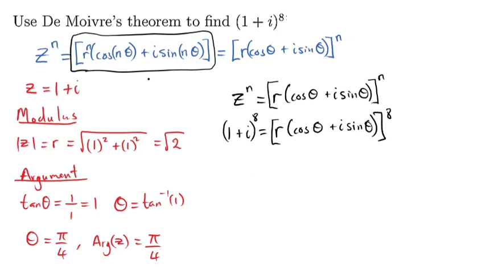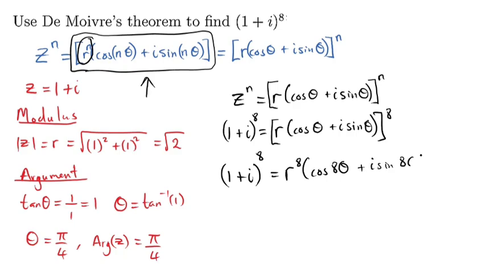Now if I apply this part here, I'll say (1 + i)^8 is equal to r^n, like you see here. So that will be r raised to the power 8 multiplied by cos 8θ + i sin 8θ. Now the 8θ is what we have here as nθ.